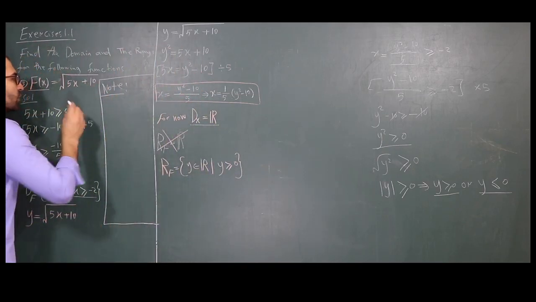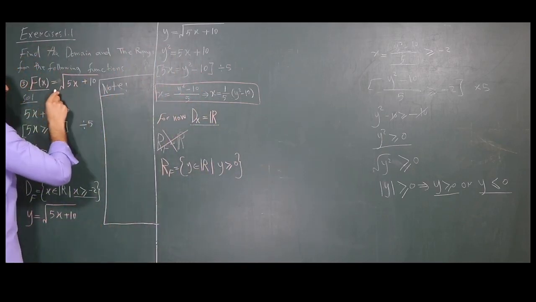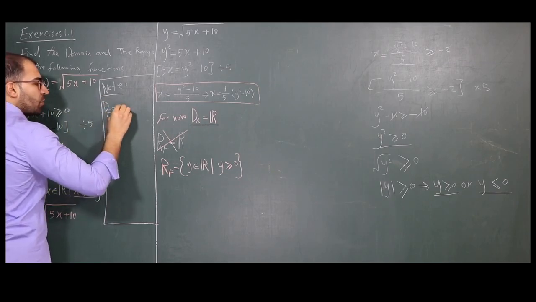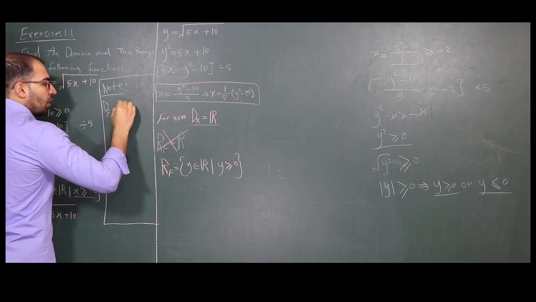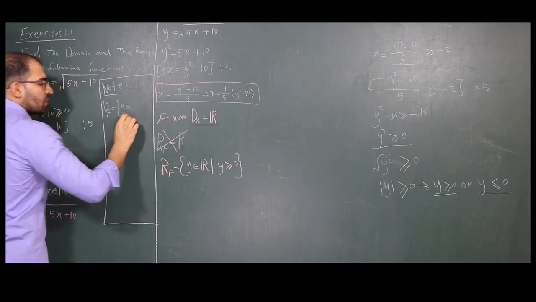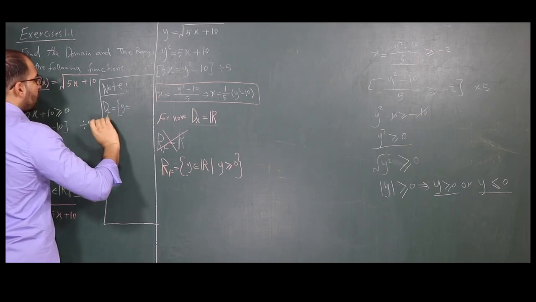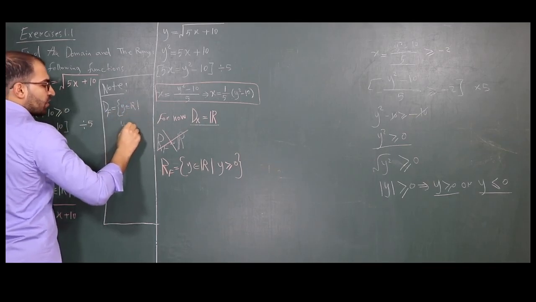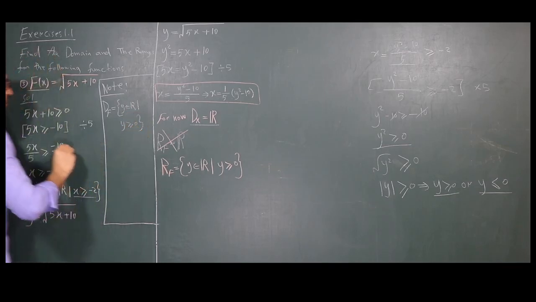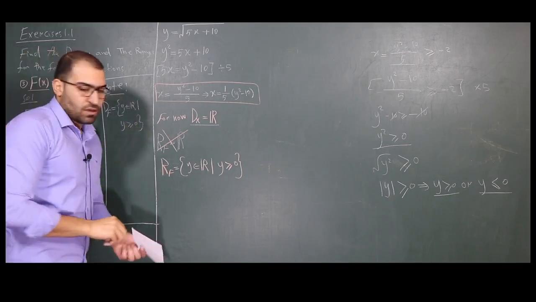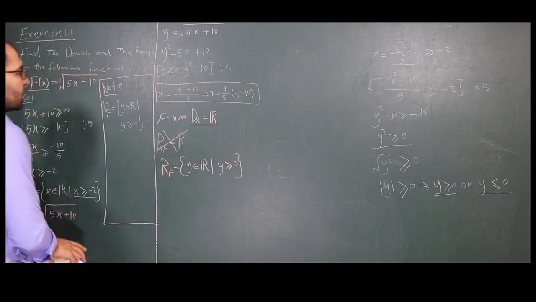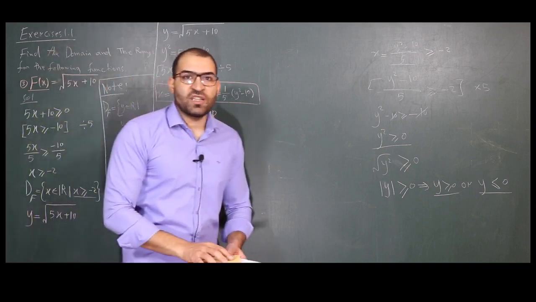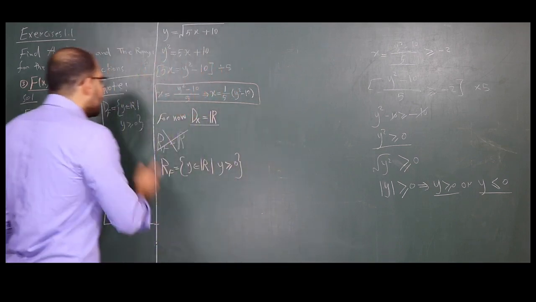I want you to observe if the function is a square root, so the range of the function is always the positive reals: y belongs to the real line such that y is greater than or equal to 0, because the square root cannot produce negative numbers. So you can just omit all these steps, which are the inside and the soul of this notation.